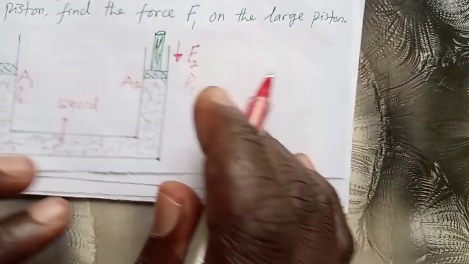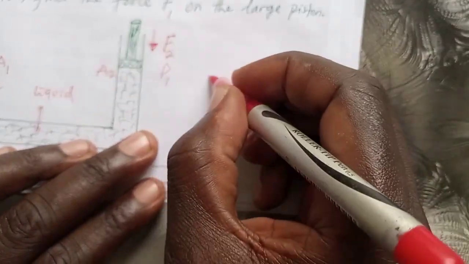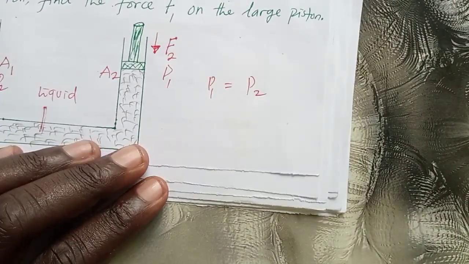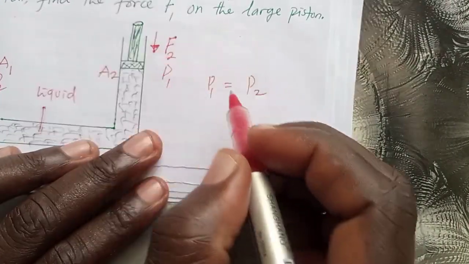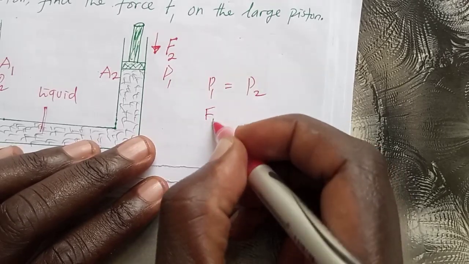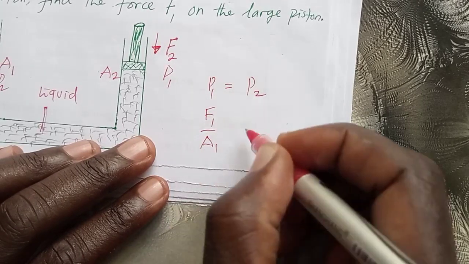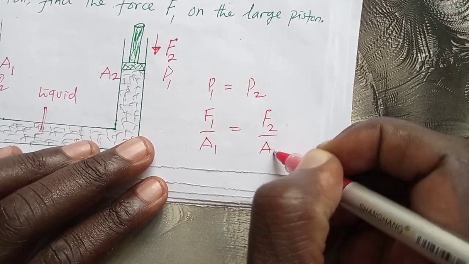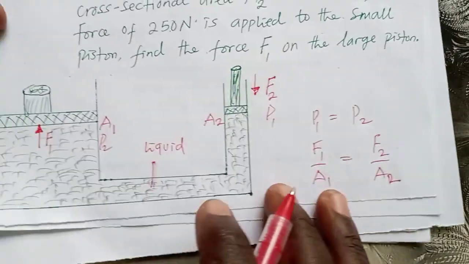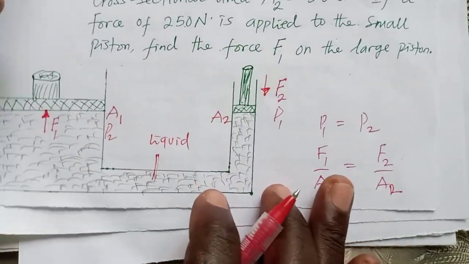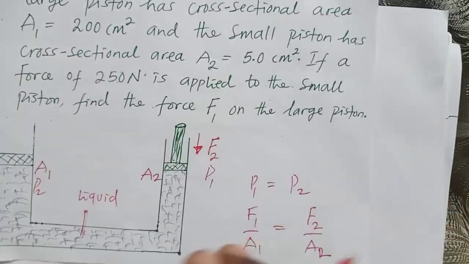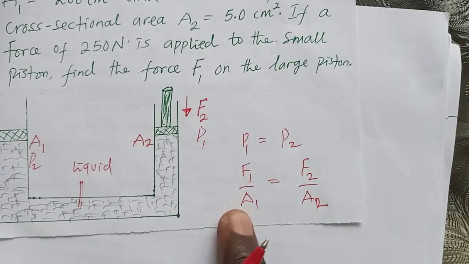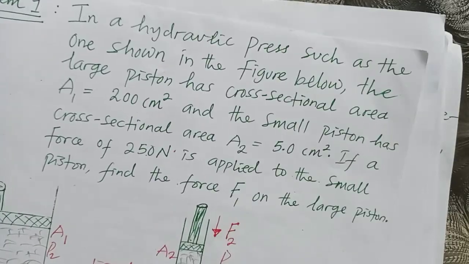So it means that I can say P1 is equal to P2, and I know that P1 is F1 upon A1 is equal to my P2, which is F2 upon A2. With this, I think we can read the problem and see which one is our F1, which one is our A1, in fact, which one is even our target variable.